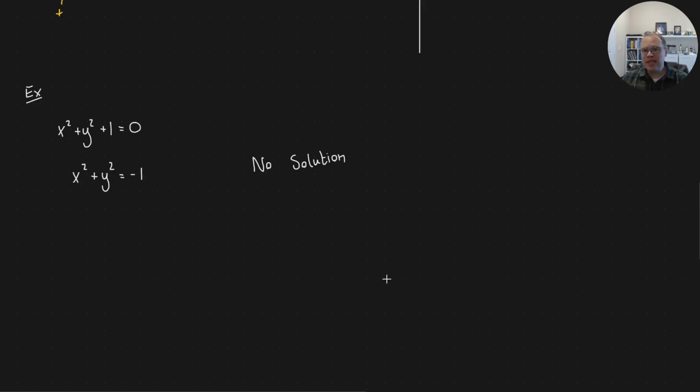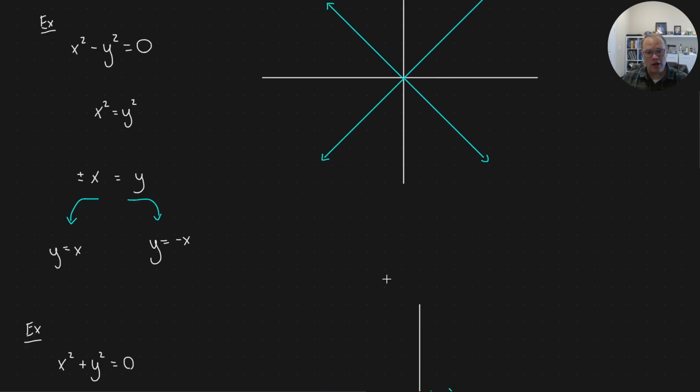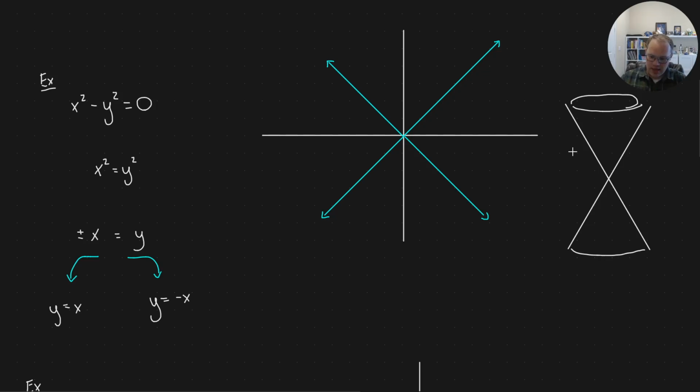So those are just some examples of what we can get with that conic section equation. And these are all conic sections, by the way. Looking at those two cones, if I take a plane that goes just vertically through the center, it'd cross these two lines, right?